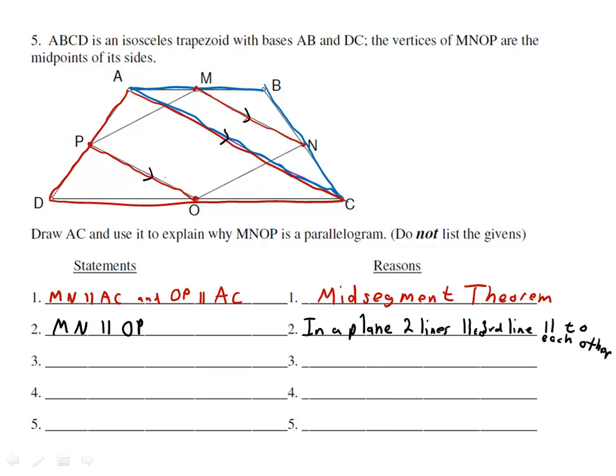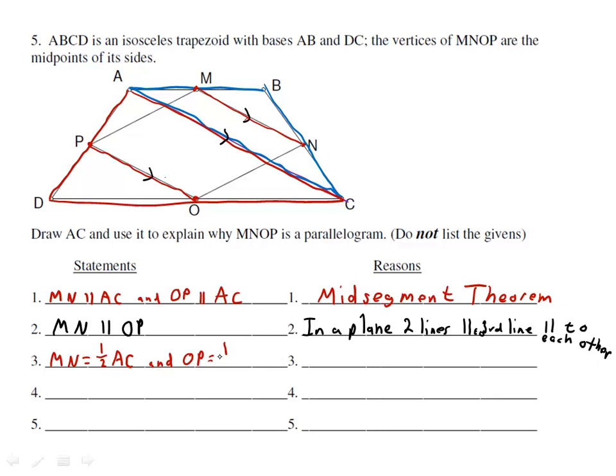We use the mid-segment theorem for step 1. Well, what's the rest of the mid-segment theorem? We stated the first part was that the mid-segment of a triangle is parallel to the third side and half of its length. Alright, so we can say that MN equals 1/2 AC and OP also equals 1/2 AC.